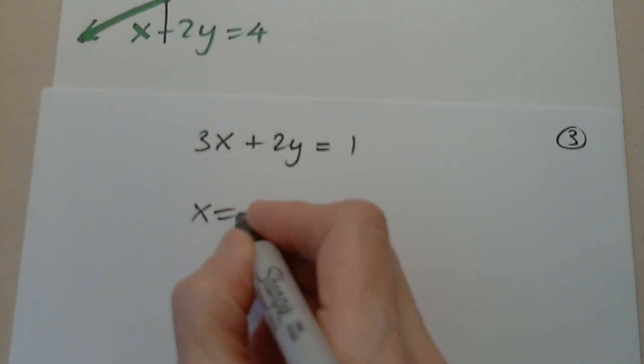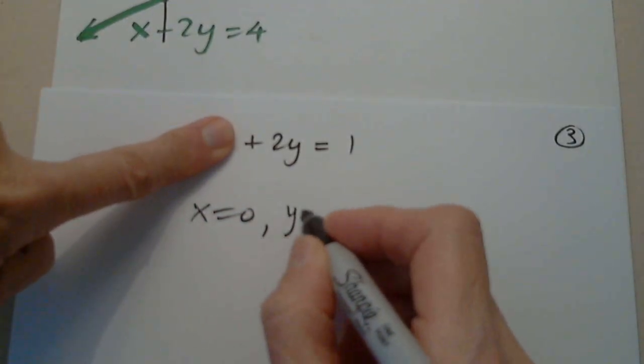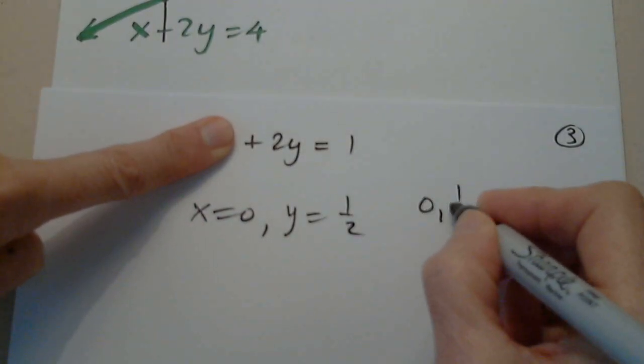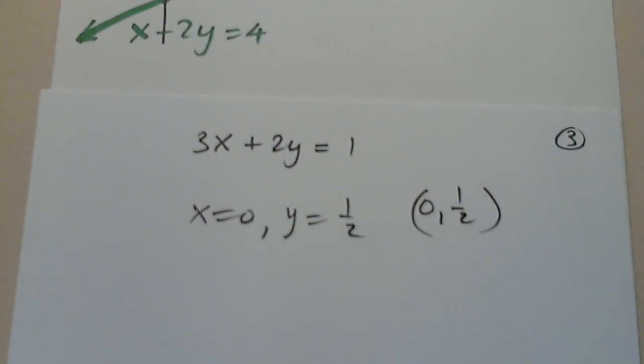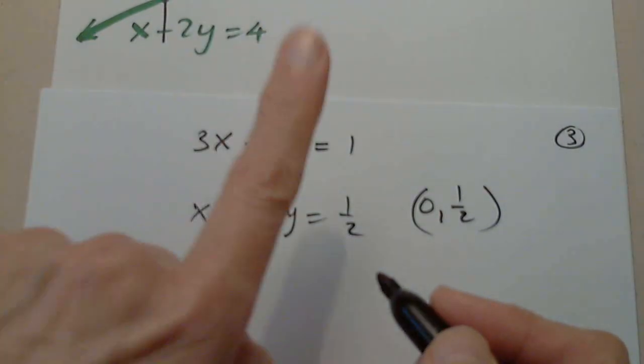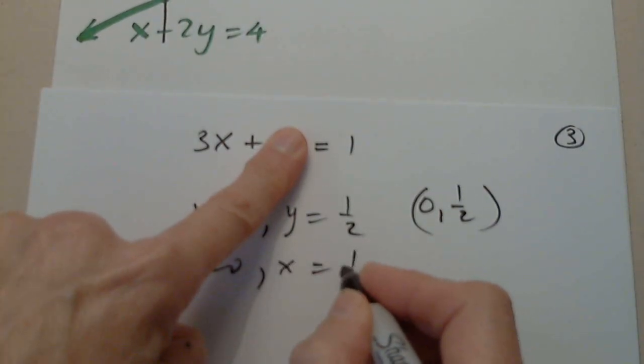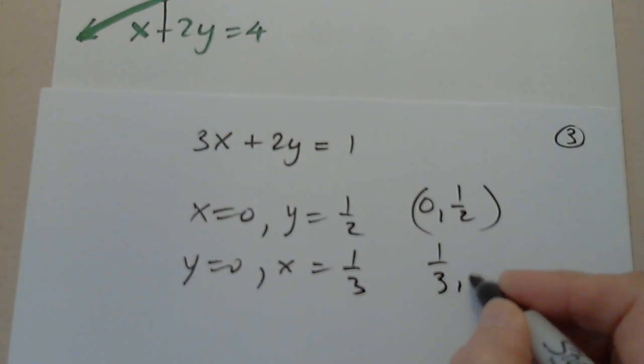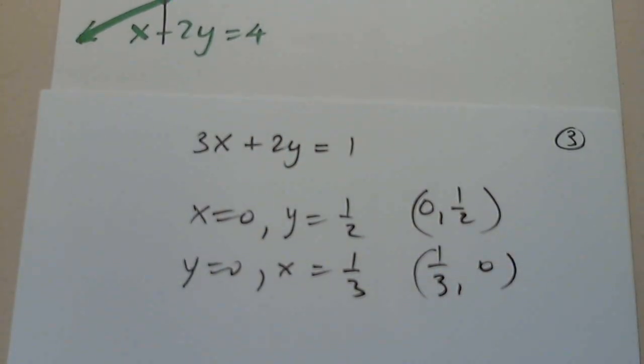So when x equals 0, y is 1/2. The point is 0, 1/2. When y equals 0, x is 1/3. So the point is 1/3, 0. You will not be able to enter these in the graphing in Pearson. They are perfect, but you will not be able to. Technically correct.